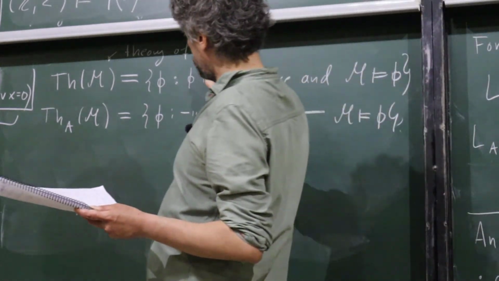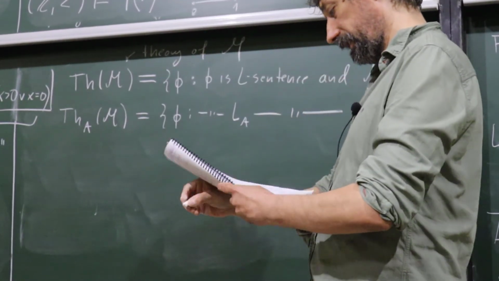So this is the theory of M with parameters from A.